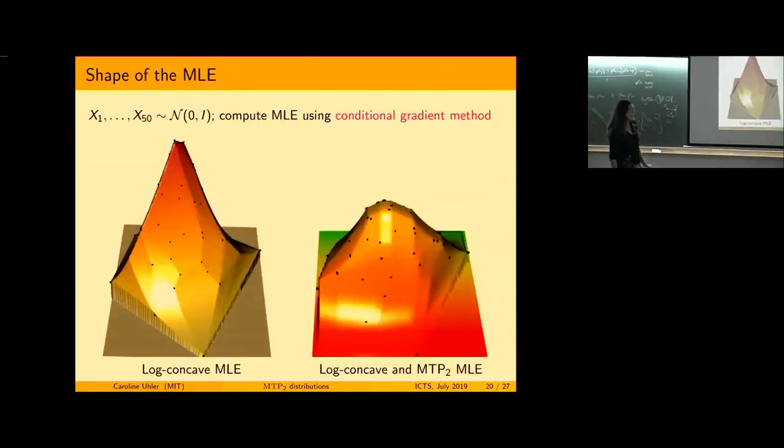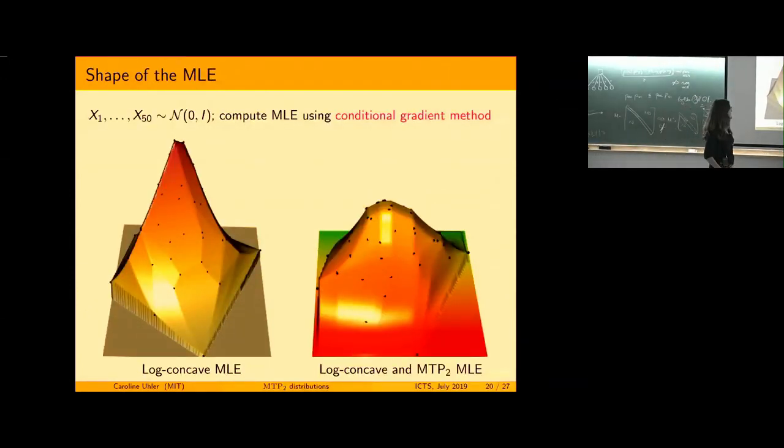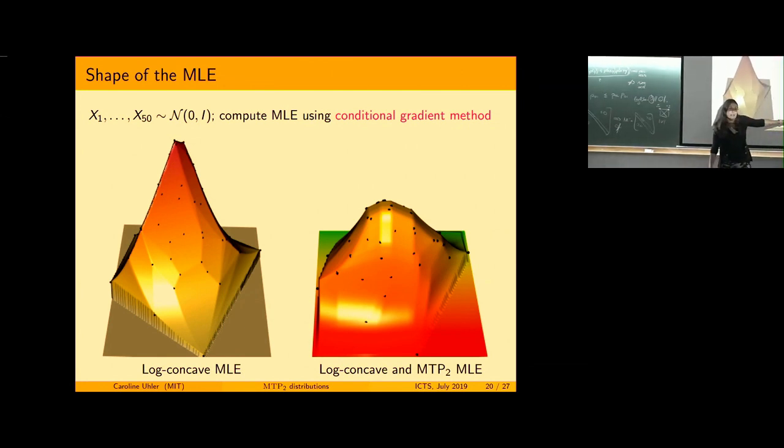And if I show you how it looks, this is when I do non-parametric density estimation, I give you 50 points. We just sampled them from a standard Gaussian, because a standard Gaussian is MTP2 and it is log concave. So if you compute the density estimator under just log concavity, this is the function you get. If you compute it under MTP2, this is what you get for just 50 samples.